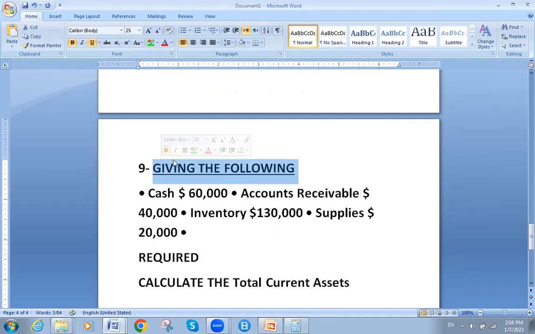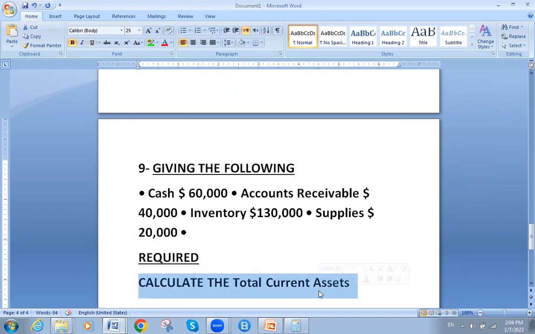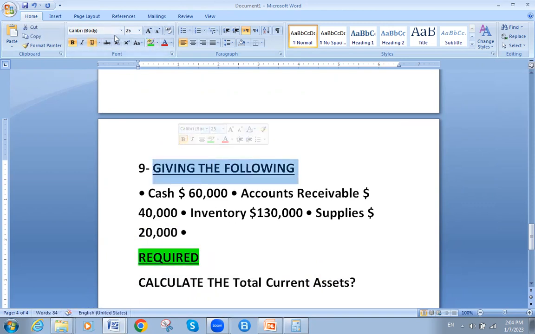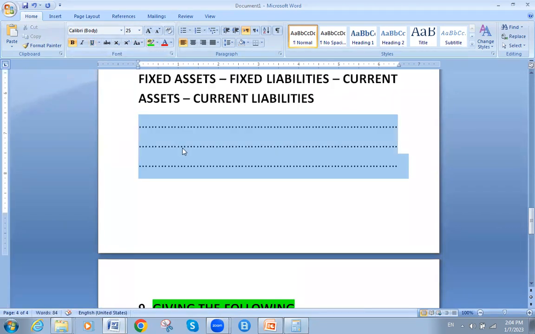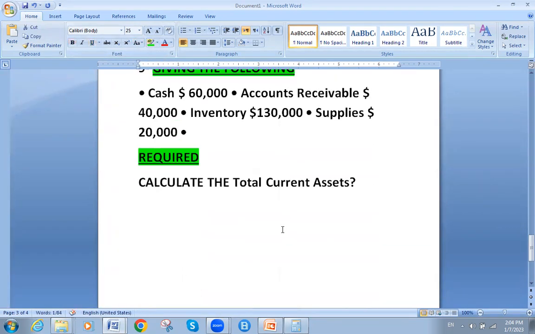We'll go through it, then we will go to the second example once we solve this one. This is the required here. Giving the following data, here it is. Let us take some dots from here like that way and put it here.